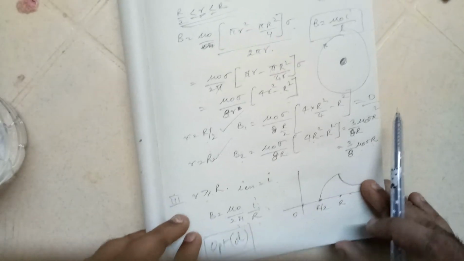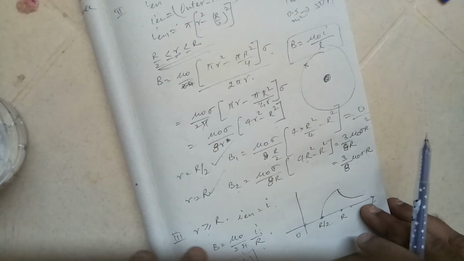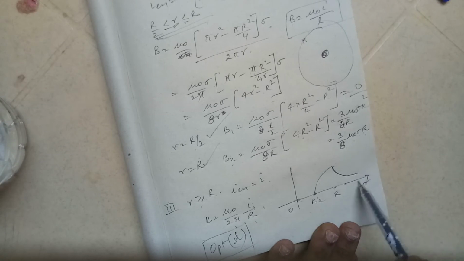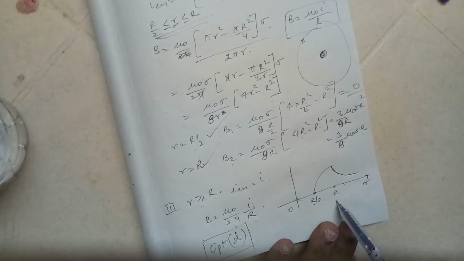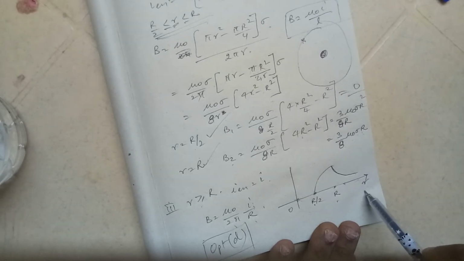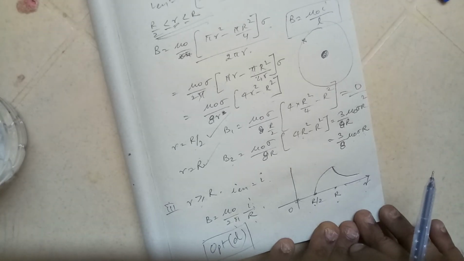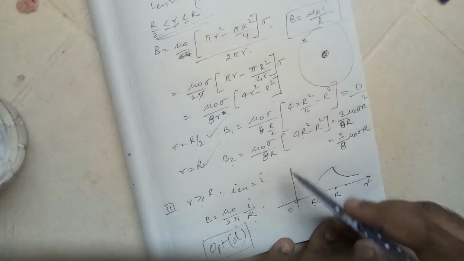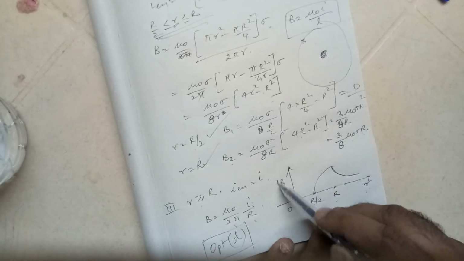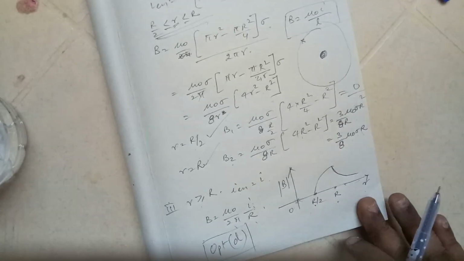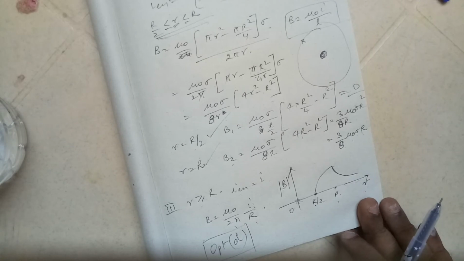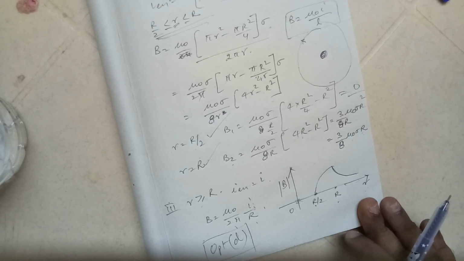Now let us start plotting it. What are the important points over here? At x-axis R by 2, R and small r. So from 0 to R by 2, we have observed that there is no enclosed current. So in the y-axis you will find magnetic field magnitude.